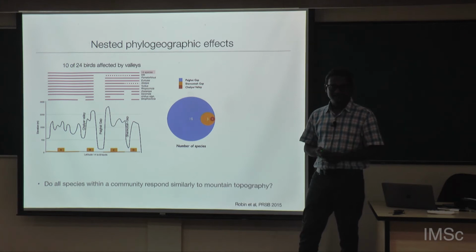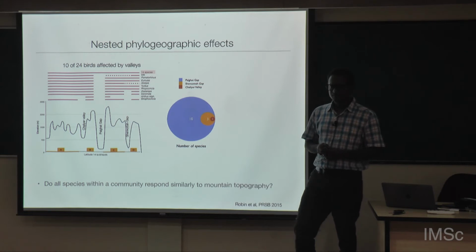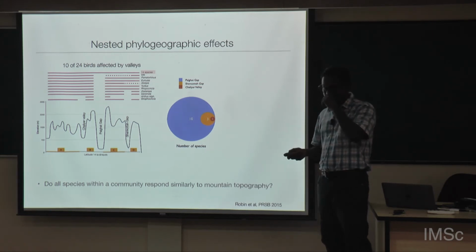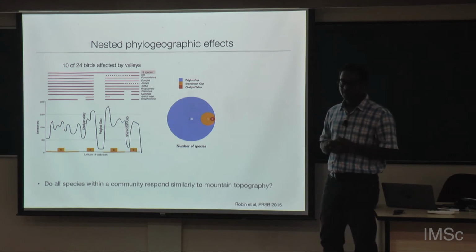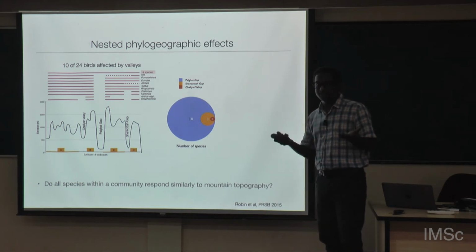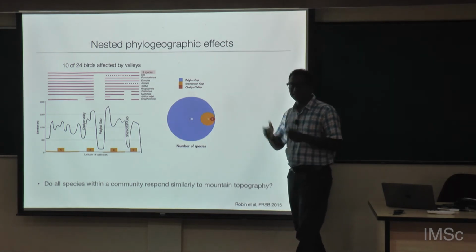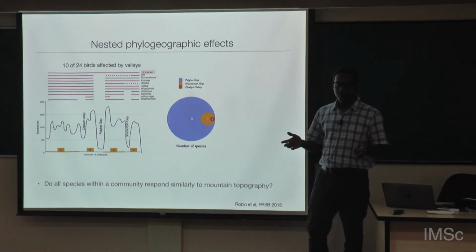Yeah? So any relationship you think? Yeah, so surely, at this moment we can only speculate, but that is our speculation as well. We think that it is related to the depth and the width of the valley.